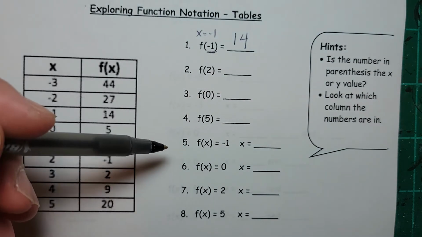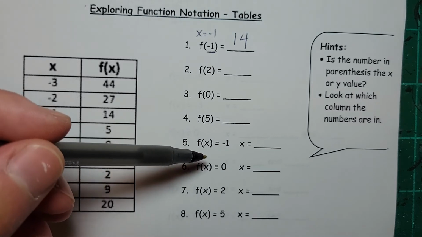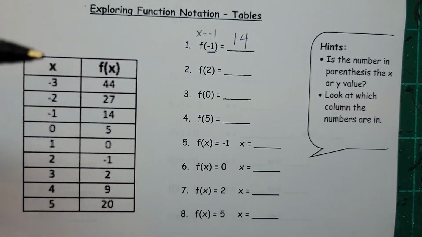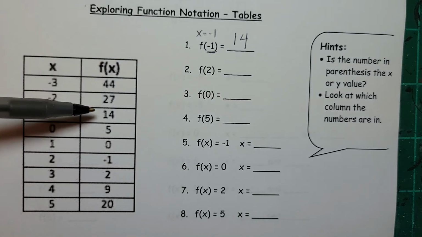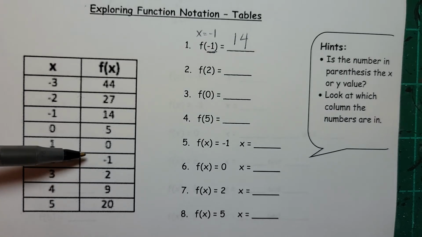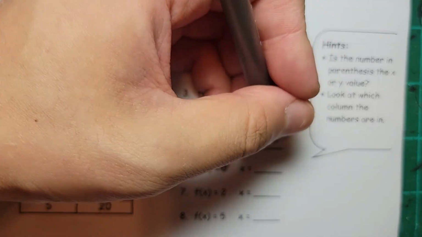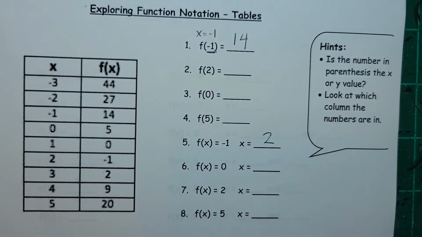And let's check on number 5. So this says when f of x equals -1, or y equals -1, what is our x value? So if we look at this table, when f of x equals -1, our x value is 2. So then we could write 2 right here.